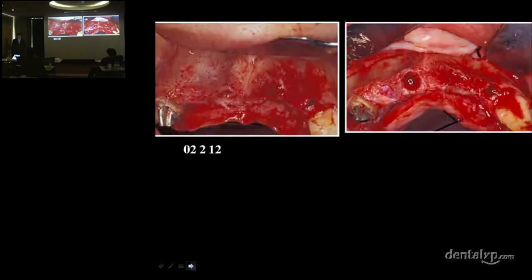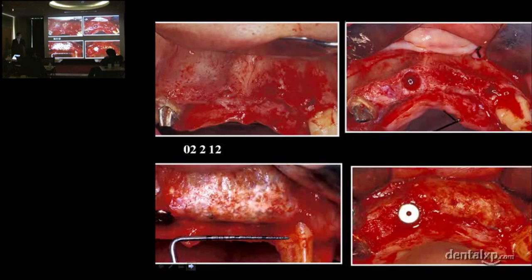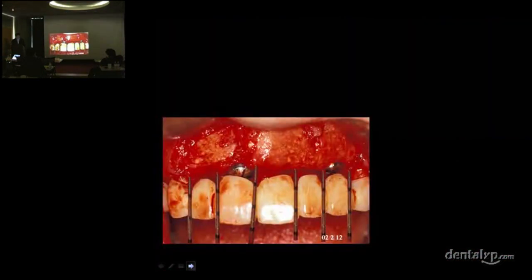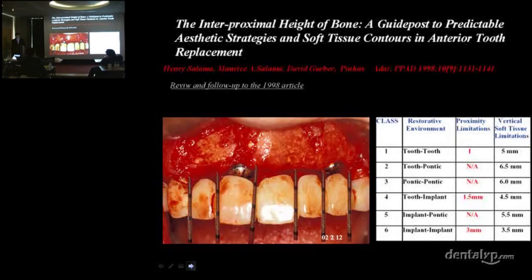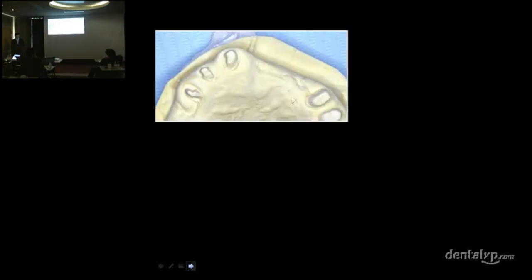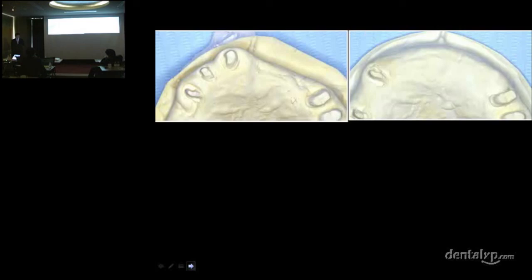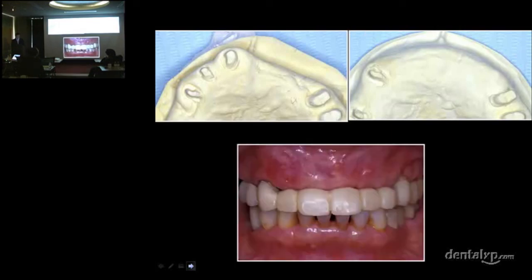This is before and after augmentation. After augmentation, we have enough bone height to support papillae. We have established an optimal symmetrical ridge and enough tissue height to create papillae.